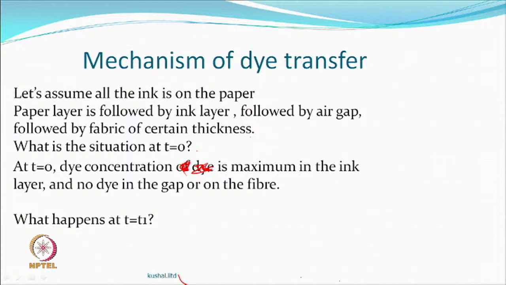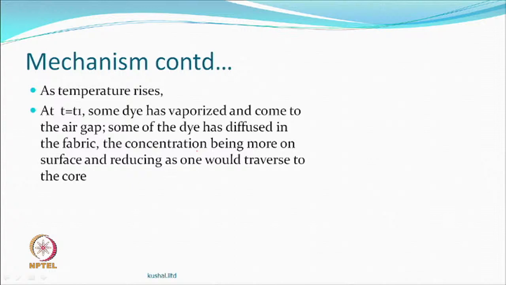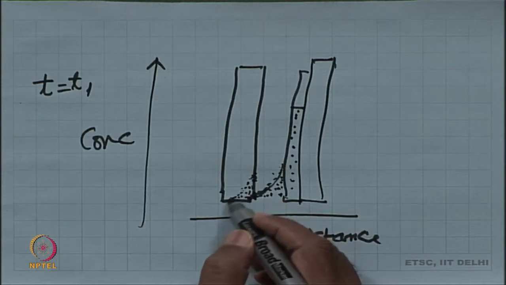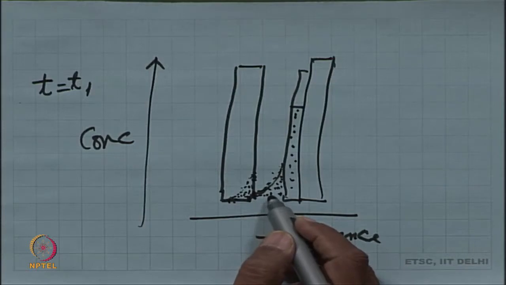At t equal to t1 and the temperature rises, some dye has vaporized, has come to the air gap, some of the dye has diffused in the fiber, the concentration being more on the surface and reducing as one would traverse to the core of the fiber. So, this is what we said, that the concentration will be more on the surface of the fiber. As you go inside the fiber, the concentration of dye will be less. Something similar is here.